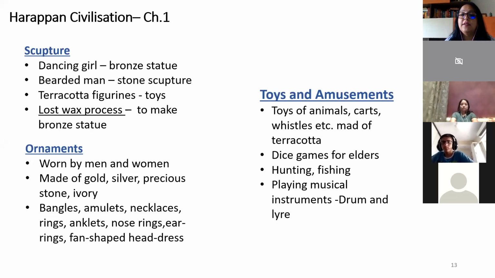Either gold or silver, precious stones, and ivory, and even terracotta. They made jewelry also with terracotta. Both men and women wore ornaments, and especially they were very fond of wearing bangles.